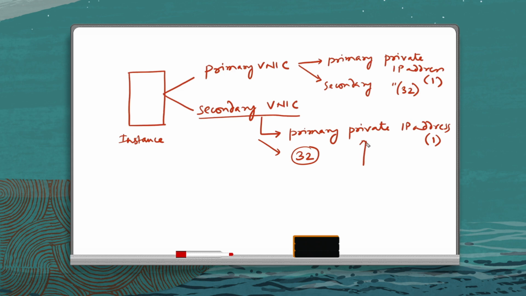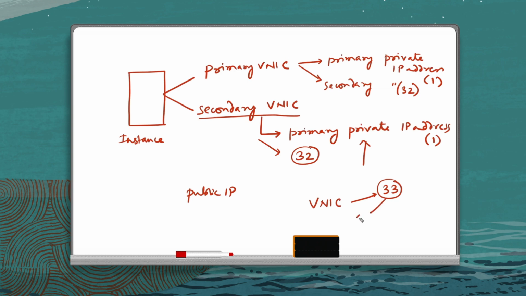And whatever IP addresses we are talking about, all these private IP addresses, they can have a public IP address assigned to it at our discretion. So in a way, a VNIC can have a maximum of 33 private IP addresses, and I'm talking about IPv4 addresses here.